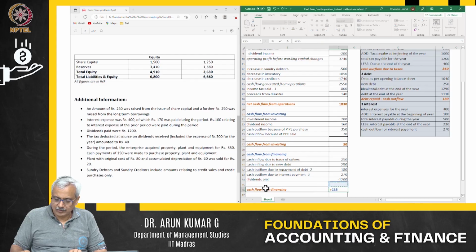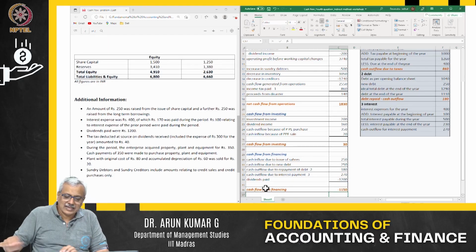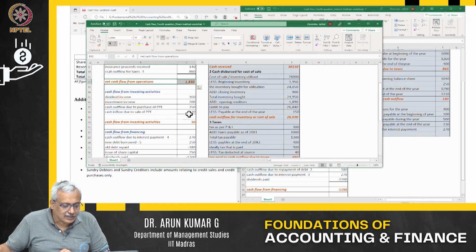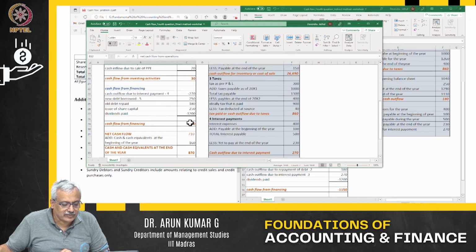Financing is nothing but this plus this plus this plus this. Cash flow from financing is 1150. Let us look at the other calculation we did, 1150, exactly the same, no change.